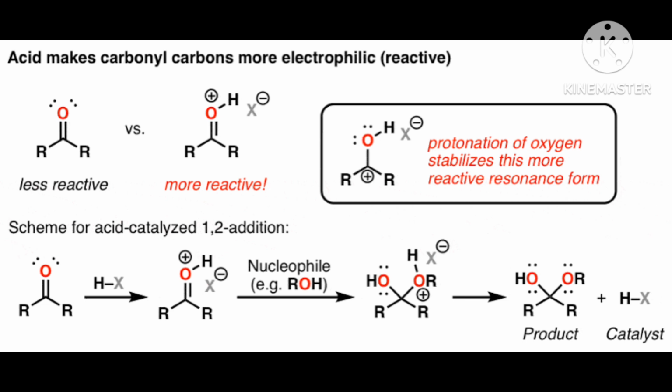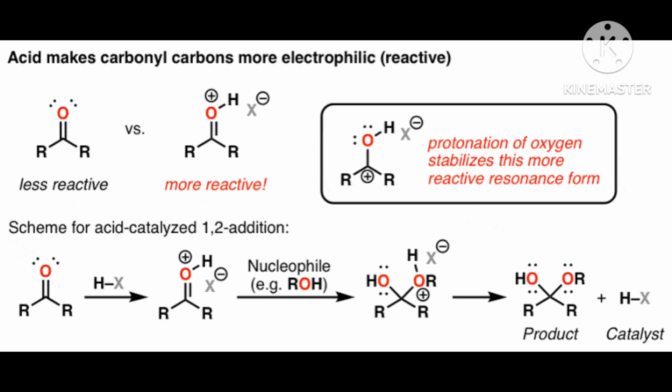For the formation of the tetrahedral intermediate, HCN plus hydroxide ion first forms cyanide, and OH minus forms H2O. Where did this OH minus come from? It came from the water.